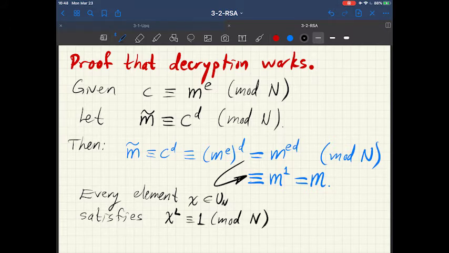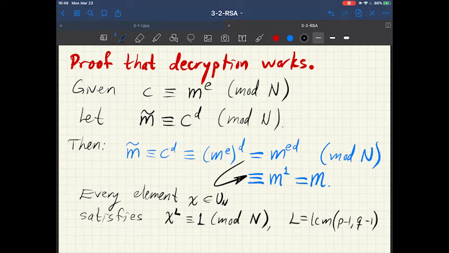This is the fact that the exponent of the group U_n is equal to L, where L is equal to the LCM of p minus 1 and q minus 1.